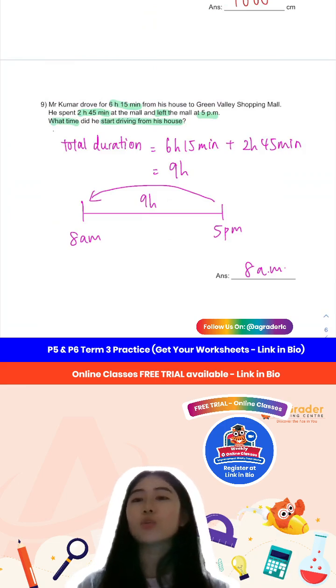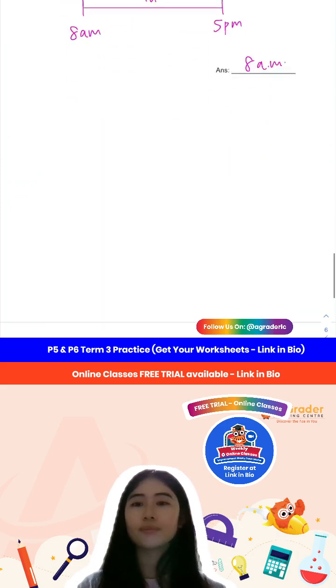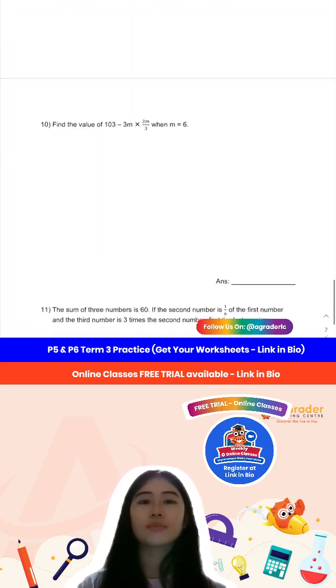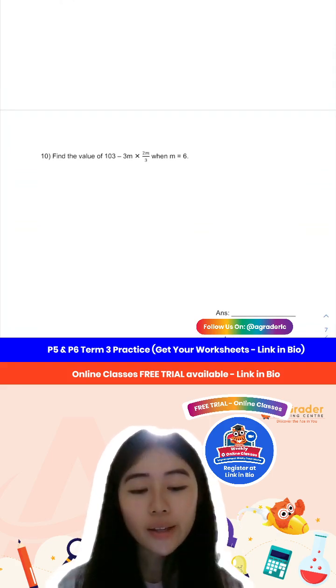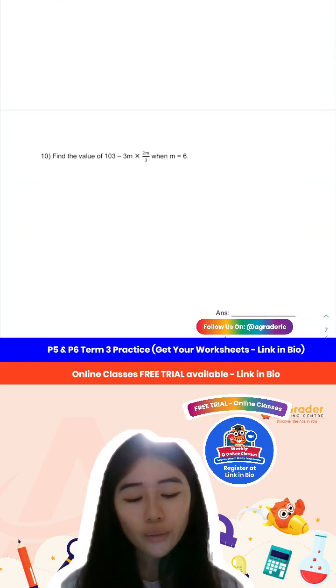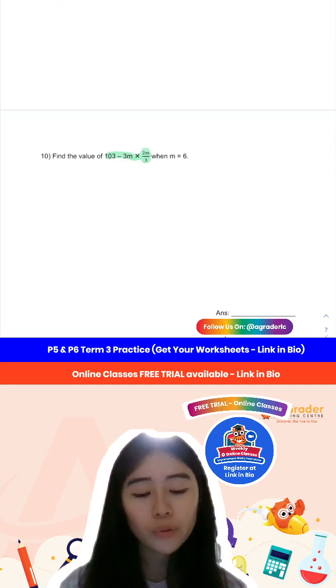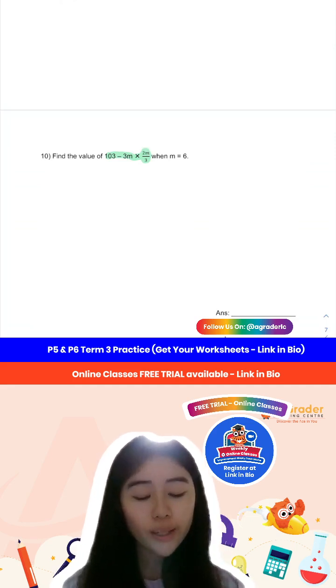Okay, let's move on to the next one. Over here, this is an algebra question. Find the value of 103 minus 3m times 2m over 3 when m equals 6.